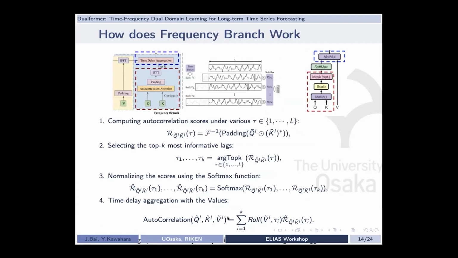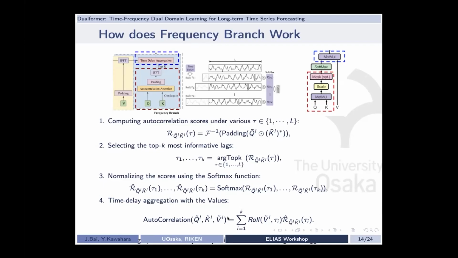So how does this frequency branch work? What is the whole process? Basically, after selecting different frequency ranges for each layer, we have this sampled frequency, and we can compute the autocorrelation scores under various time lag tau, like this.